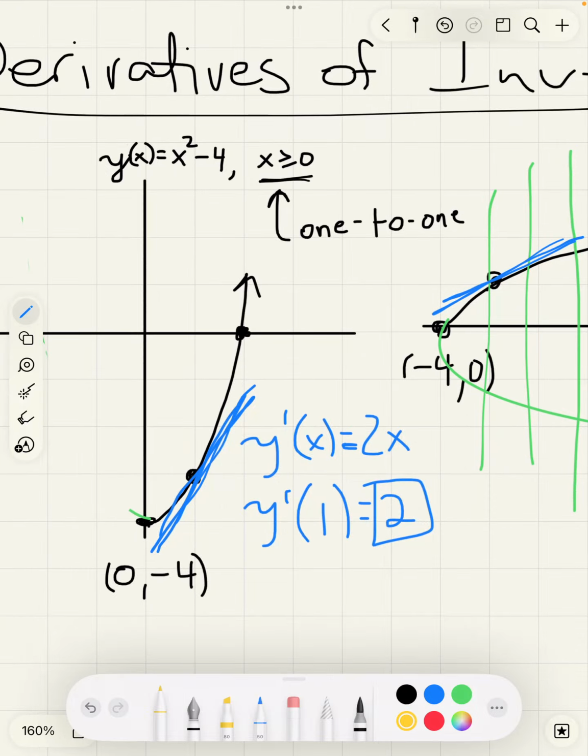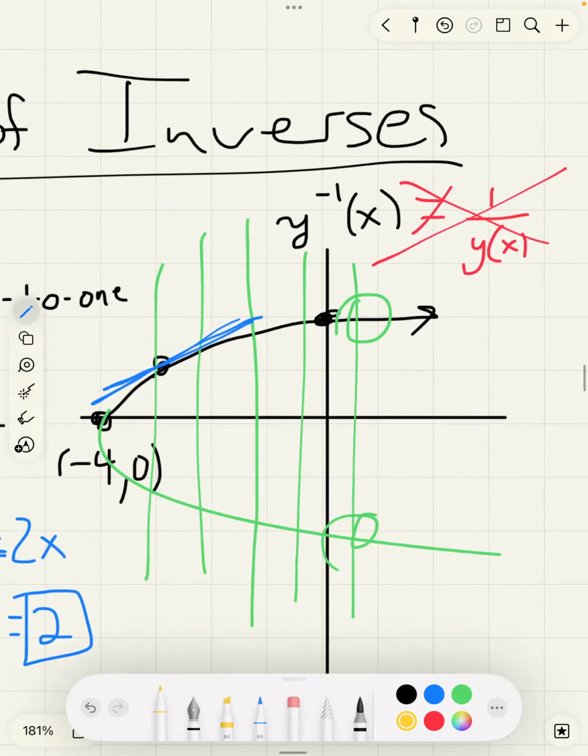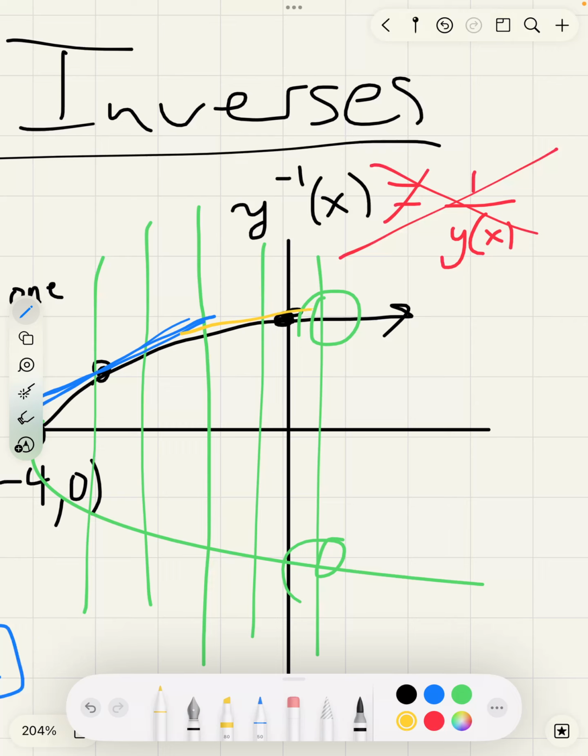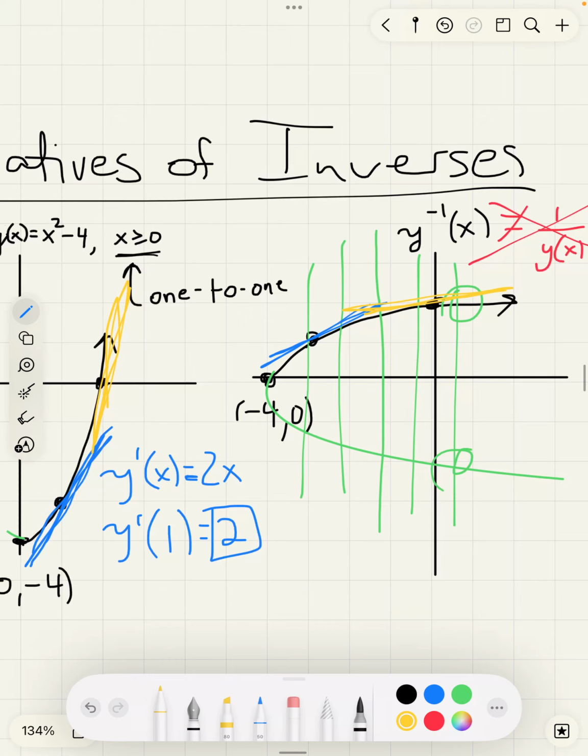For example, if I drew a tangent line at 2, that would have a slope of 4. The corresponding point would have a tangent line that looks like this, which has a slope of 1/4, the reciprocal of 4.